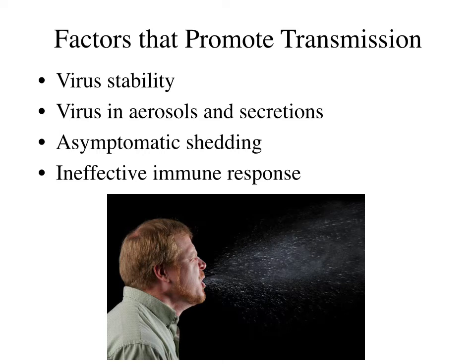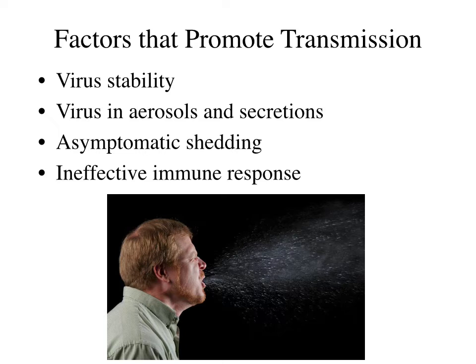We're very concerned about that, for instance, with coronavirus, that particularly very young people may be asymptomatic, but they could be shedding virus and transmitting the disease to other people. So we don't always have to have symptoms in order to have viral shedding.